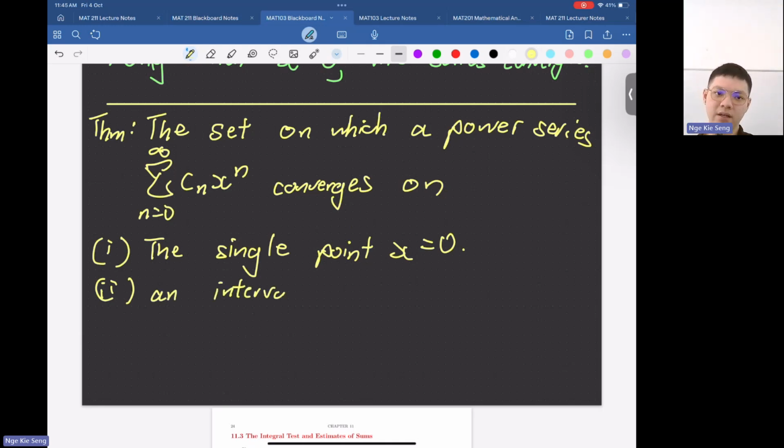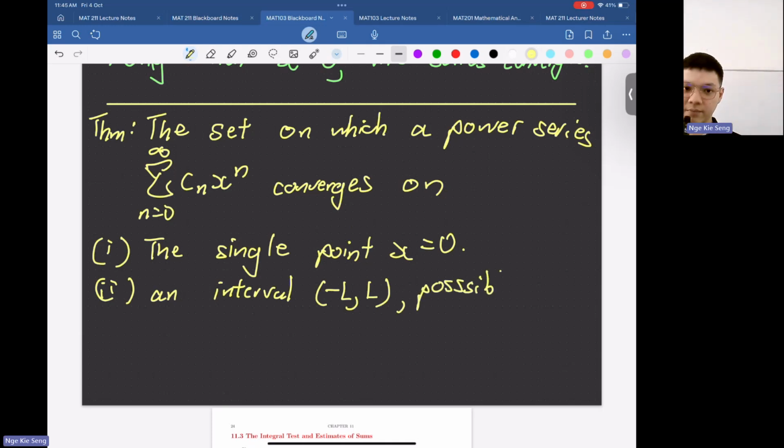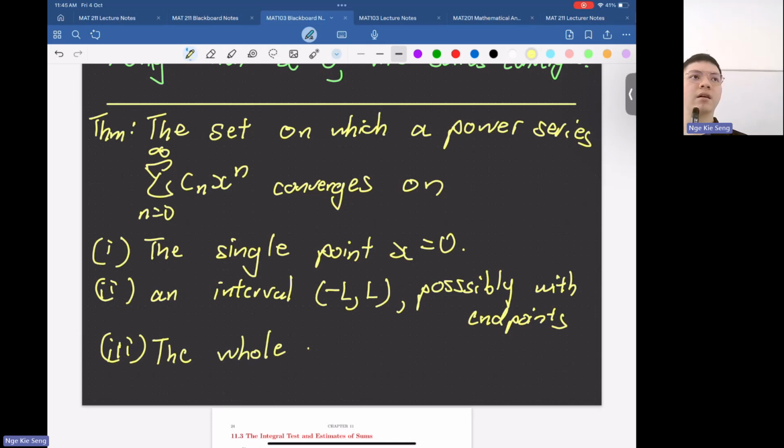This interval might be closed, open, or half closed, so either endpoint you can include, possibly with endpoints. Or the other case is the whole real line, where it converges at every point.